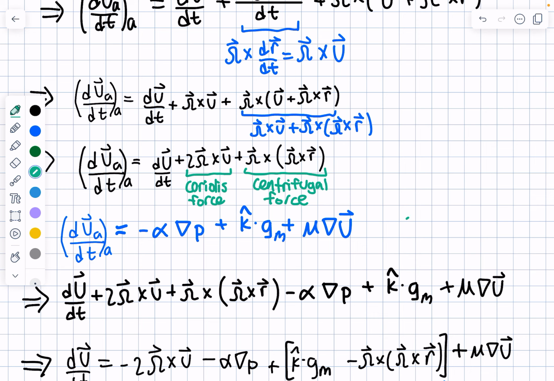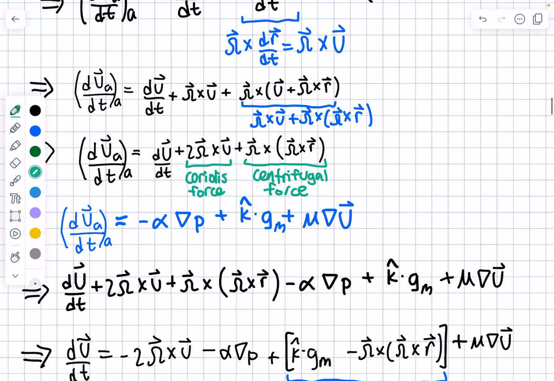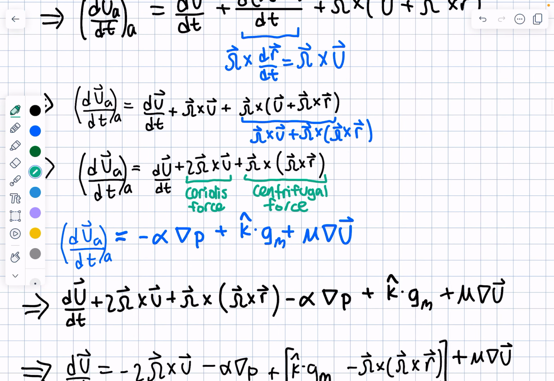It's when you're driving in a circle, there's this outward motion that doesn't actually exist when you see it in the inertial frame, but if you're following the path of the circle, you do feel a force taking you outwards. And these are, of course, two imaginary forces that don't actually exist. They're just based on the viewer's perspective.